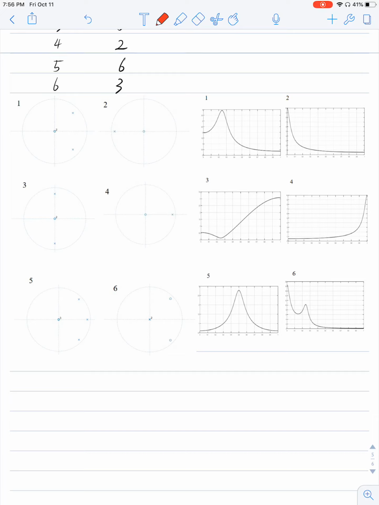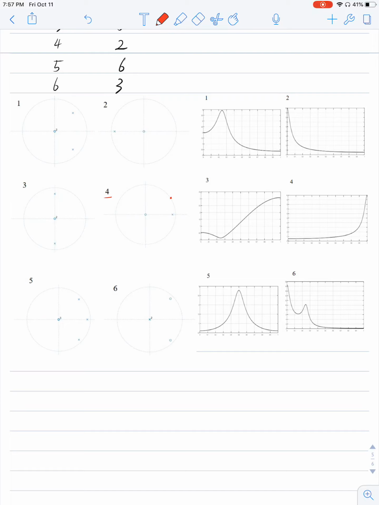Firstly, we need to know what the scale on the frequency response is. Let's take pole zero diagram 4 as an example.